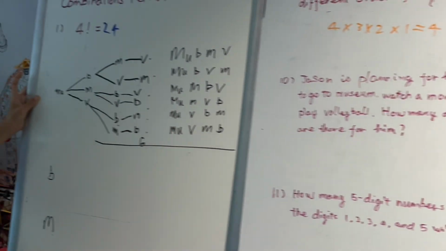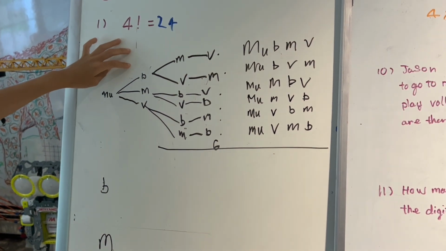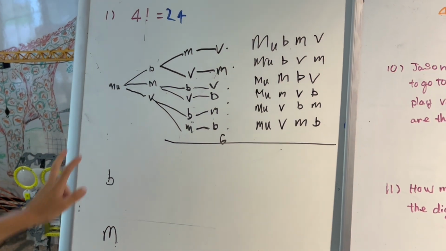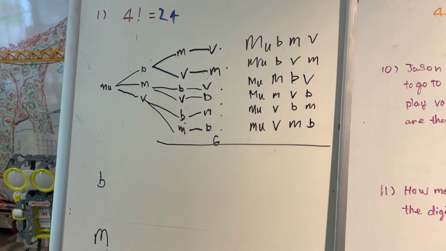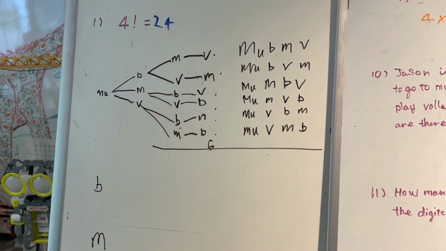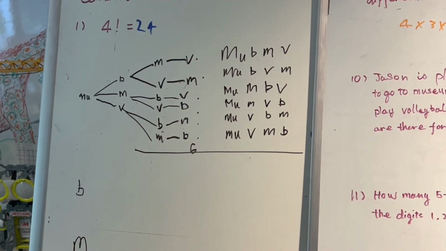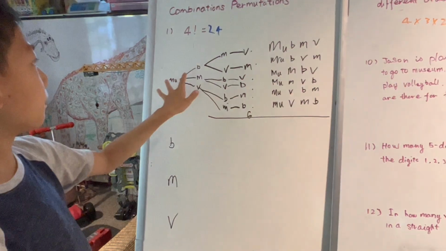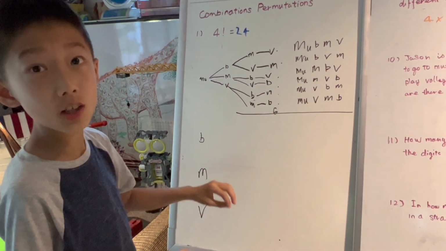So let's say he chose museum first. Then he could go to either the beach, movie, or volleyball. First you choose the first, then you have 3 choices, then you have 2 choices left, and then you end up with 1 choice.